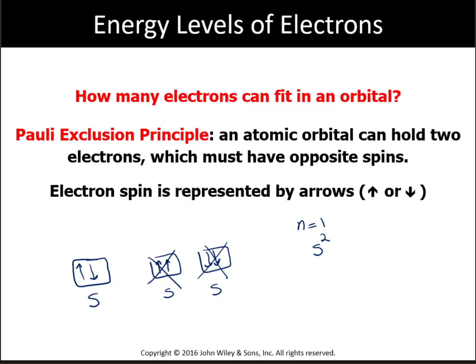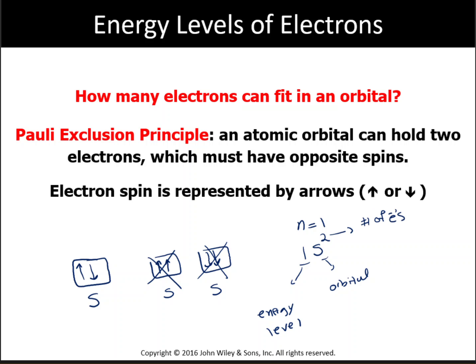Now, if it is the s orbital in the first energy level, I say 1s2. So 1 represents the energy level, s is your orbital for the sublevel, and 2 is the number of electrons.